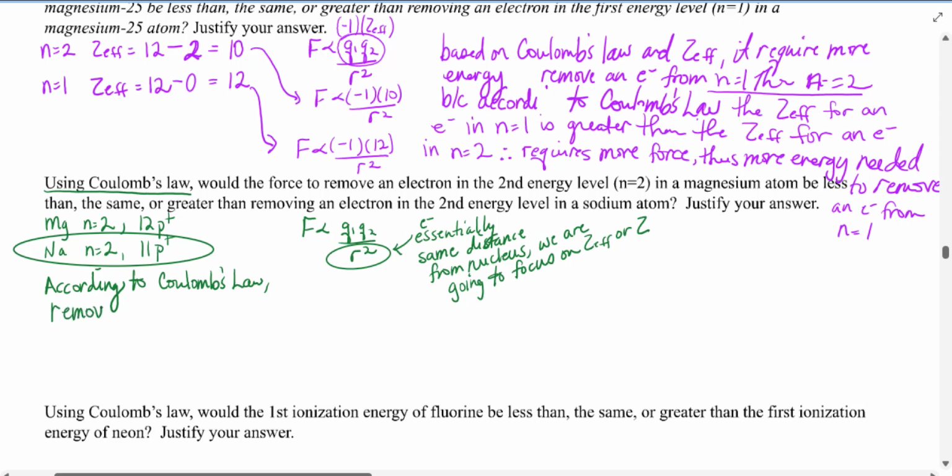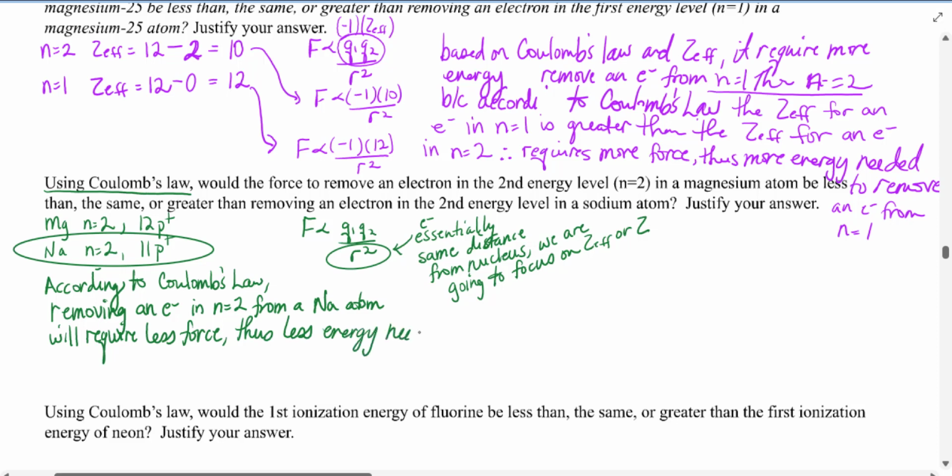Removing an electron in energy level 2 from a sodium atom will require less force, thus less energy needed, because sodium has one less proton in its nucleus.